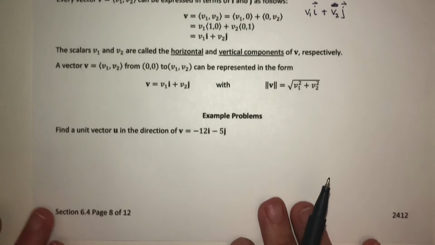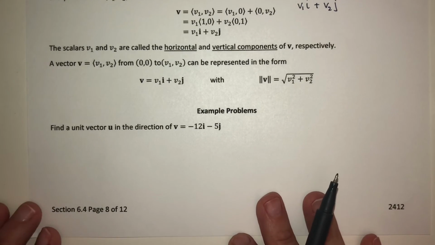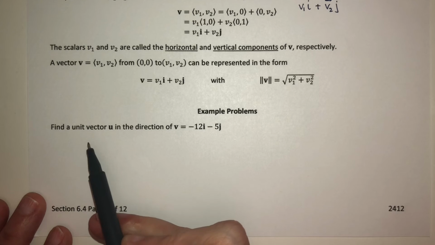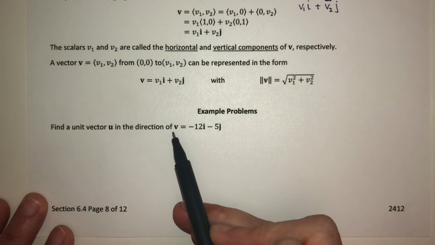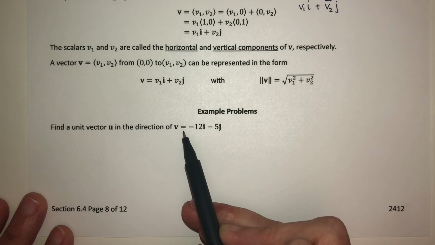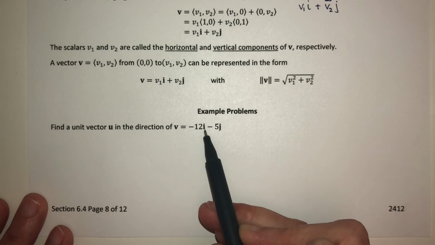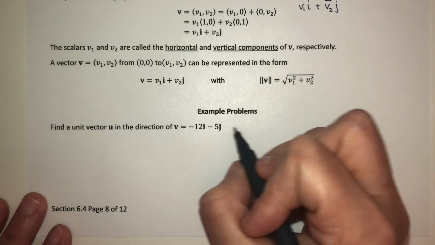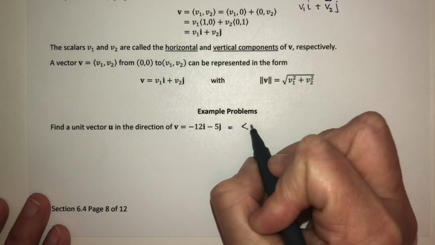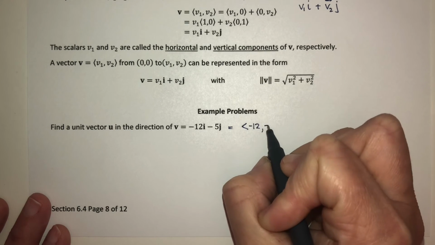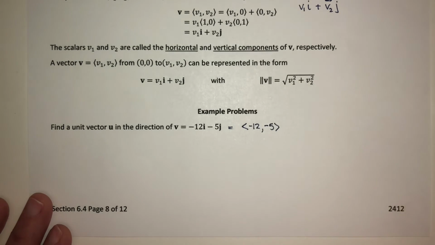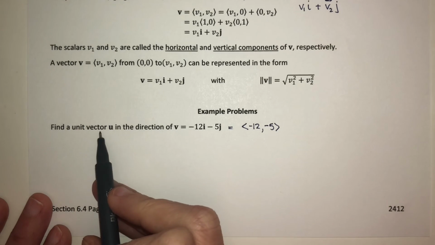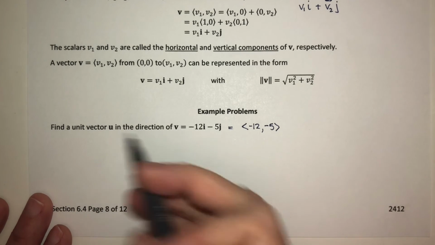Okay, so an example problem. I want to find a unit vector u in the same direction as v, the vector v equal to negative 12i minus 5j. This is the position vector, negative 12, negative 5. To find the unit vector, I need to find the magnitude of v.